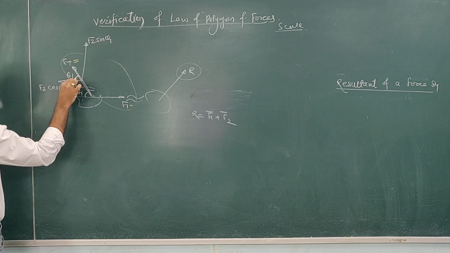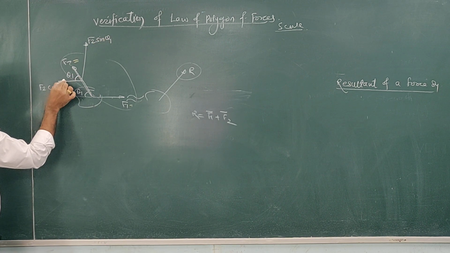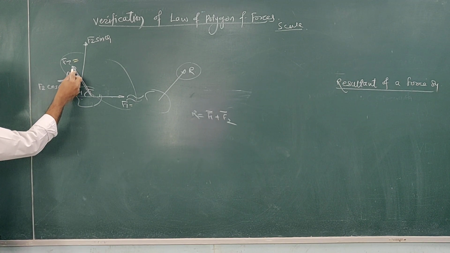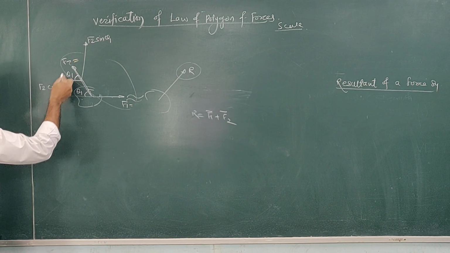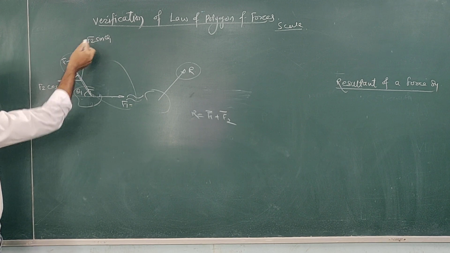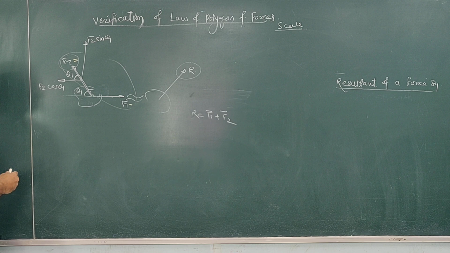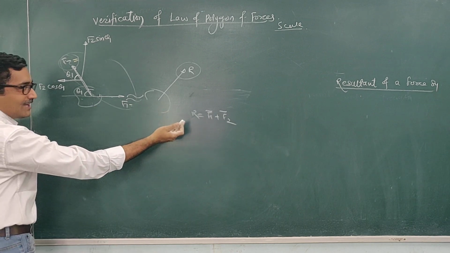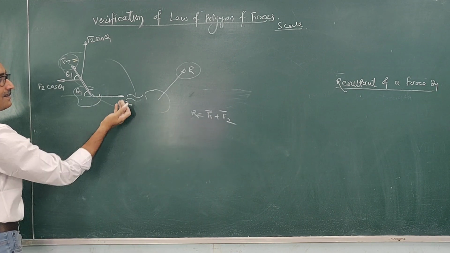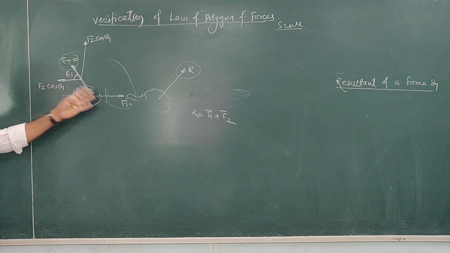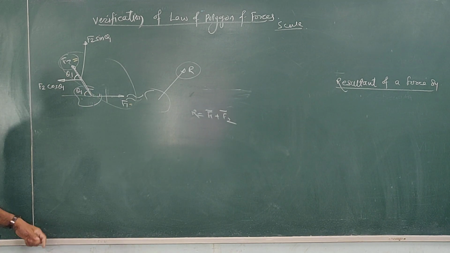The component adjacent to the given angle is the cos component. We have to resolve this force into two components such that their combined effect is equal to the original force F2. F1 is along the x-axis itself, so its x component is the force itself and its y component is 0. In this way, I have resolved this force system.